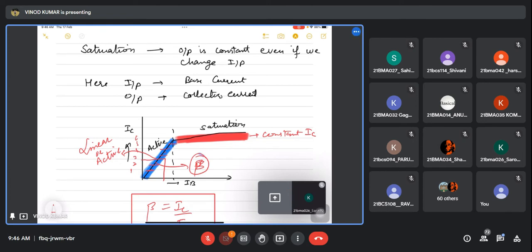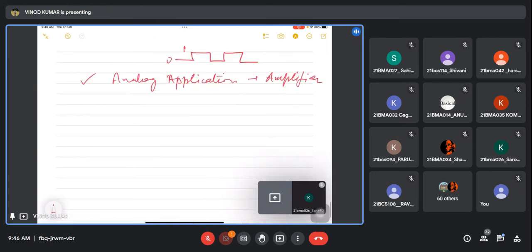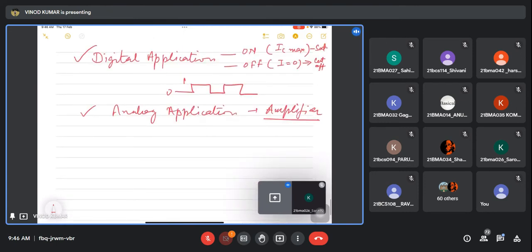This current is in microamperes and this current is in milliamperes. That is the difference, and that's why we can use it as an amplifier.